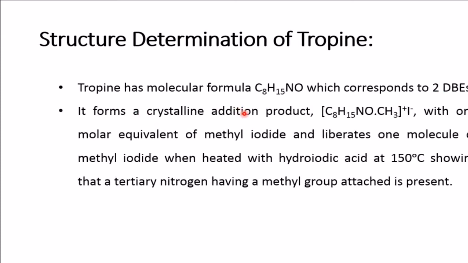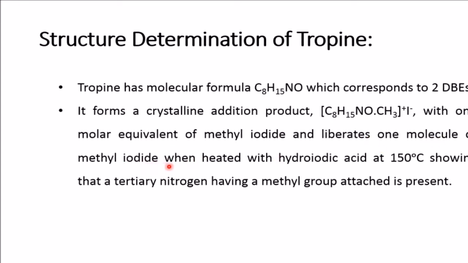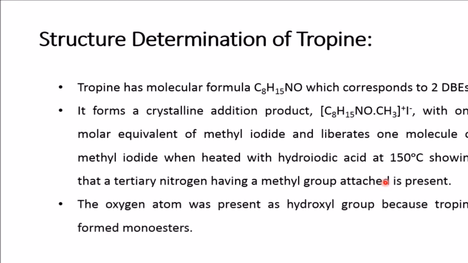It forms a crystalline addition product, that is C8H15NO·CH3+ I-, the iodide salt, with one molecular equivalent of methyl iodide, and liberates one molecule of methyl iodide when heated with hydroiodic acid at 150 degrees centigrade, showing that a tertiary nitrogen having a methyl group attached is present in the structure of tropine. The oxygen atom was present as a hydroxyl group because tropine formed a monoester.